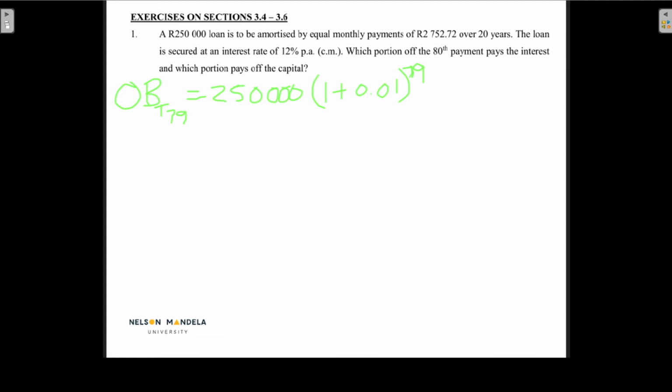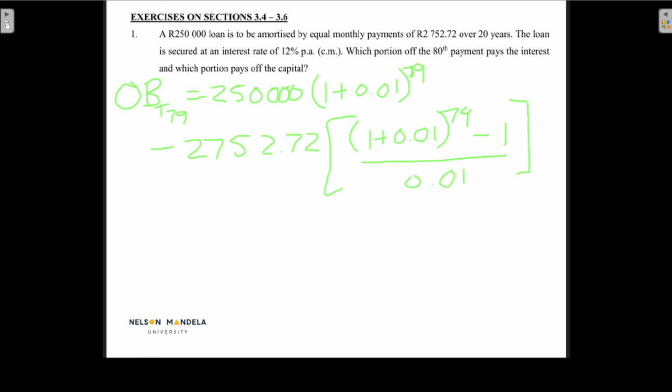So I'm working with the future value of an annuity, which is the payment, and I've made 79 payments, so my K is 79. I'm not going to write out all the details here, but I got the following for the outstanding balance at time T79.